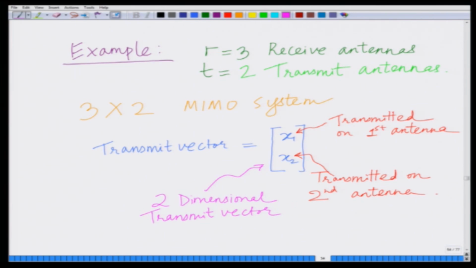What we have is a 3 cross 2 MIMO channel, which means we have 3 receive antennas and 2 transmit antennas.